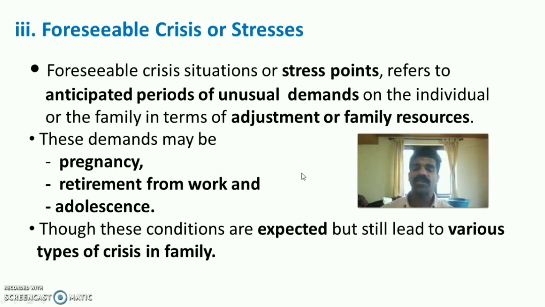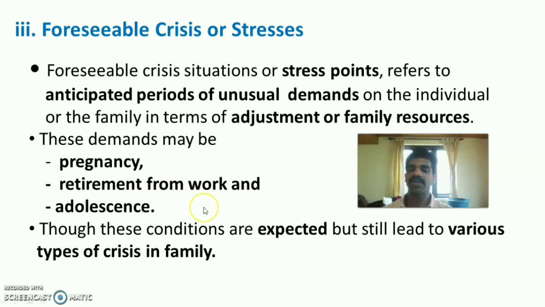These are some of the situations or crises which occur during the different periods of life in the family, such as pregnancy, retirement from work, then stages of adolescence. So these are some of the developmental stages, some of the stress related periods in the family, such as when there is a pregnant lady in the family, or when a person is retired from work, he may have some stress and tensions.